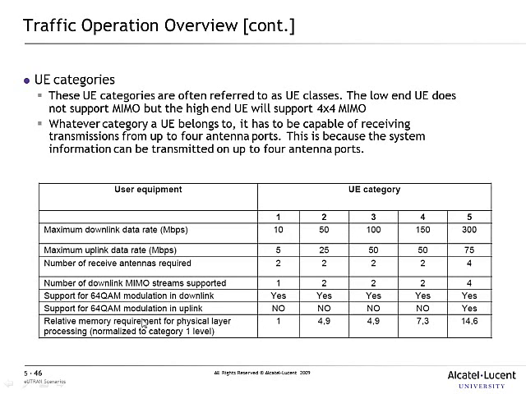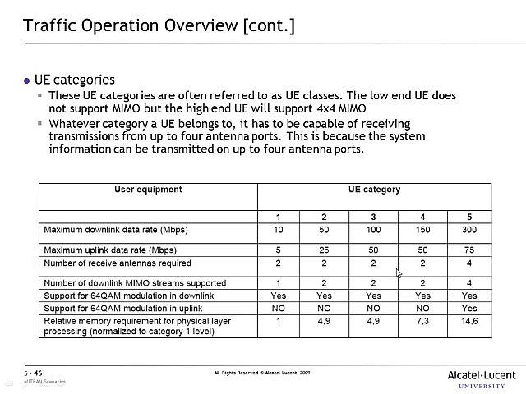Now, the other thing you will also note is that on the uplink, UE categories 1 to 4 do not support 64 QAM. Only UE category number 5 supports 64 QAM. So that is really a high-end user equipment.